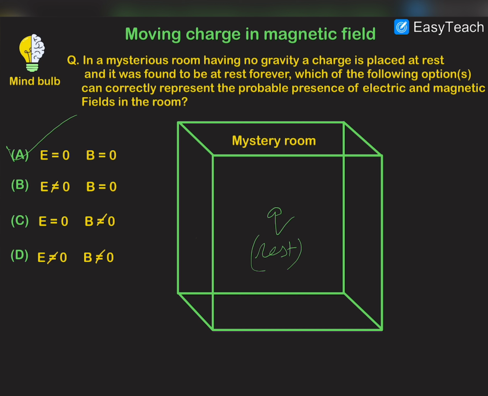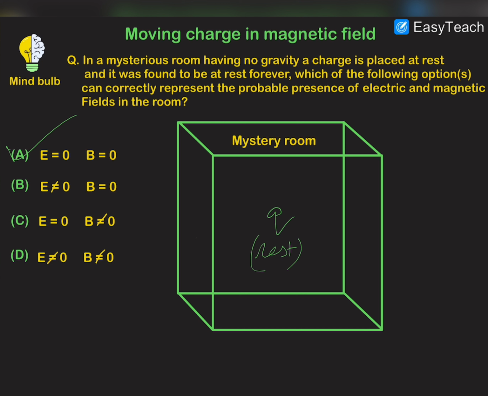Second case, in which electric field is non-zero and magnetic field is zero, cannot be the case, because if this charge is at rest always, then electric force should always be zero, because in the presence of an electric field this charge would start to move, but it is obviously at rest forever, so the electric field should not be there. So B is incorrect. Now C says that electric field is 0 and magnetic field is non-zero.